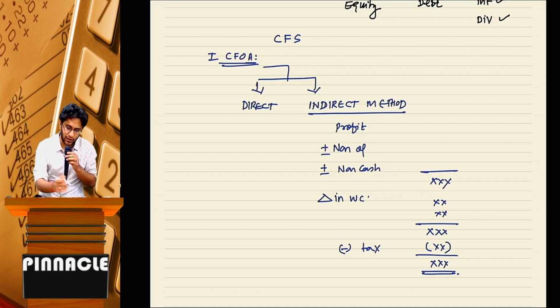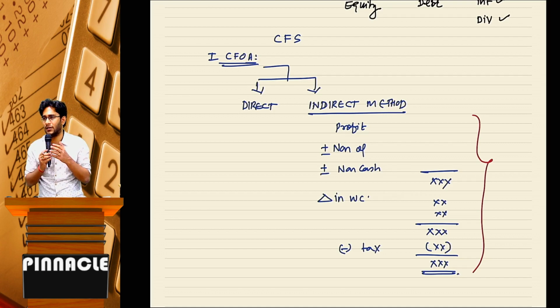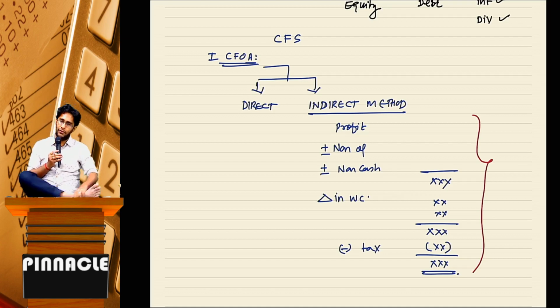And most popularly 95% of the sums what you would have done would have been based on the indirect method. Generally the direct method will not come in the exam, or did not come in your IPCC. Between these two, why many questions are framed only on the indirect method is, in the indirect method what is the starting point? Profit. Profit normally is whatever PBT is visible in the P&L account.